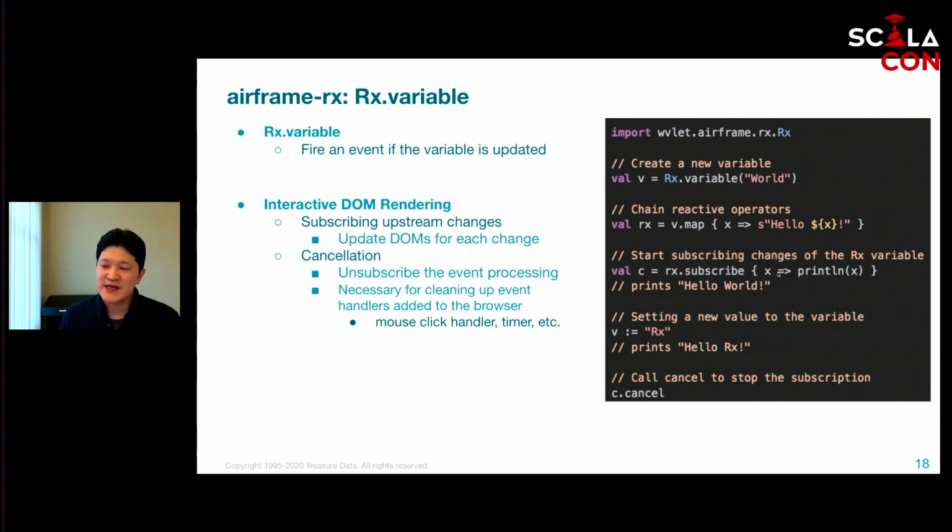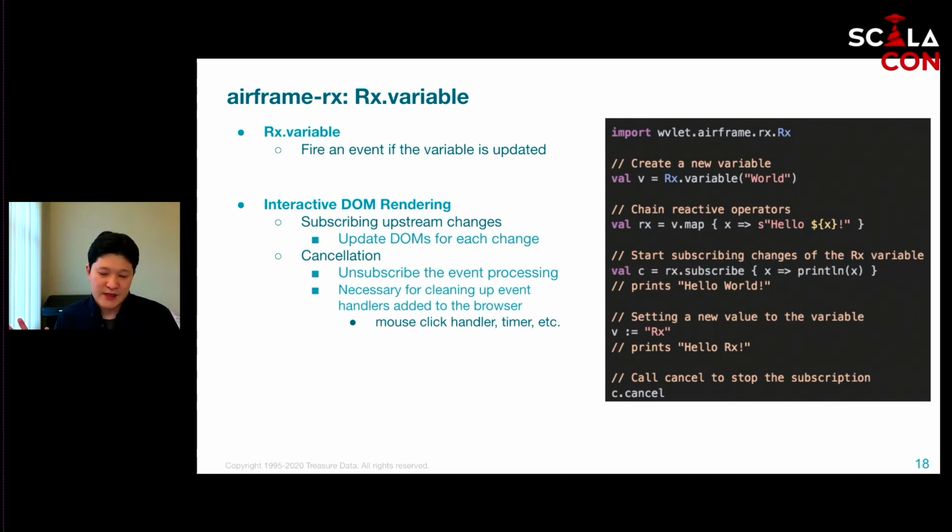Then you need to subscribe to this Rx operator to get a new response, then print a message like hello world. If you set a new variable content, then this map operator will be re-evaluated, then produce the next updated string, hello Alex. This is super useful for updating DOMs for each event.